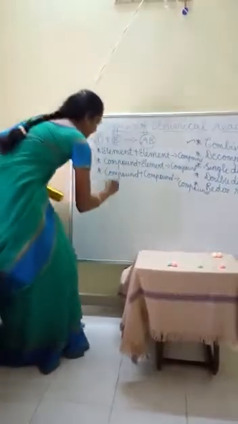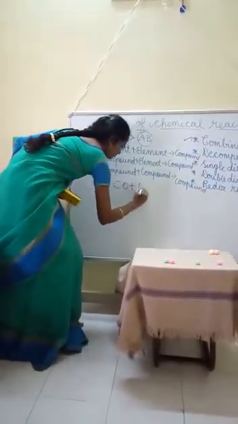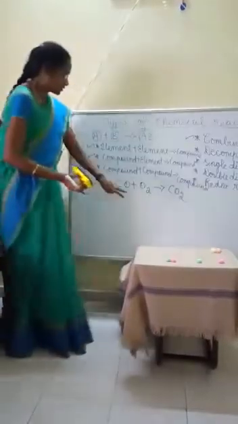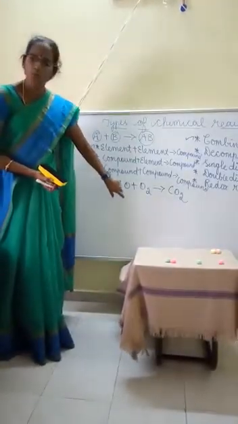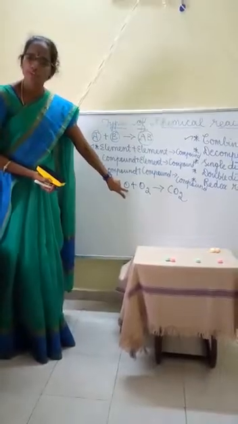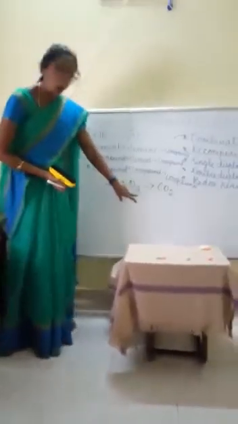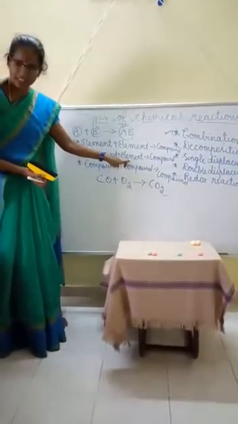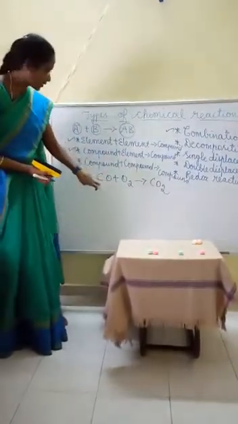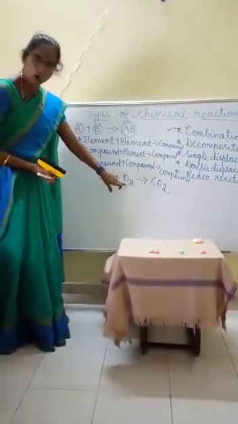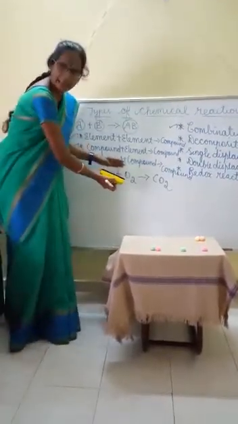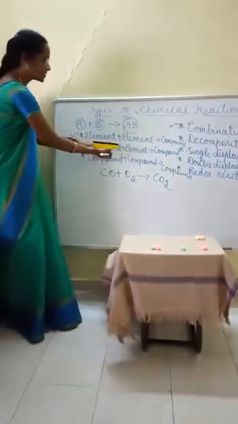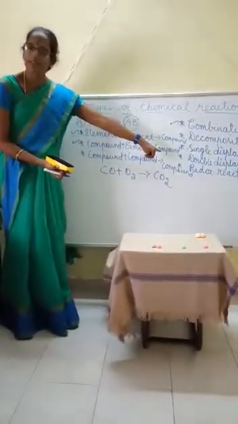For example, we can take CO, which is carbon monoxide. Carbon monoxide is a compound and oxygen is an element. Both react to give carbon dioxide. So this is an example for compound plus element gives compound.